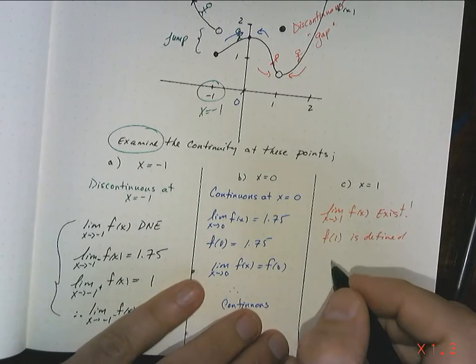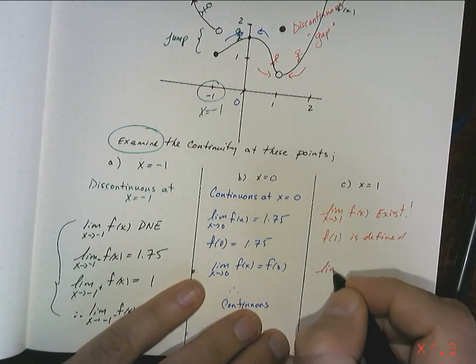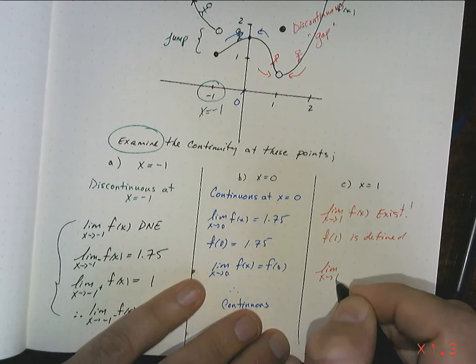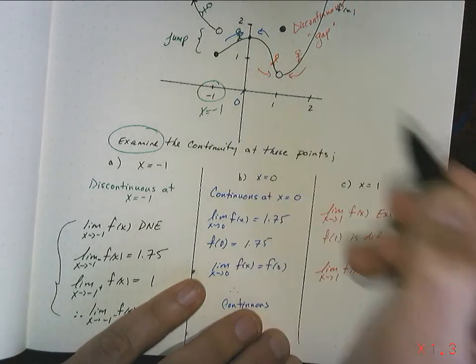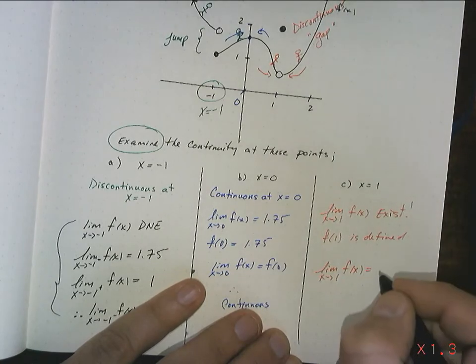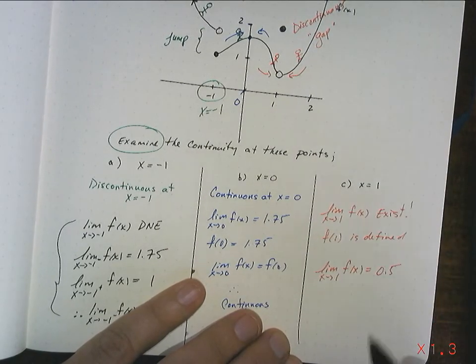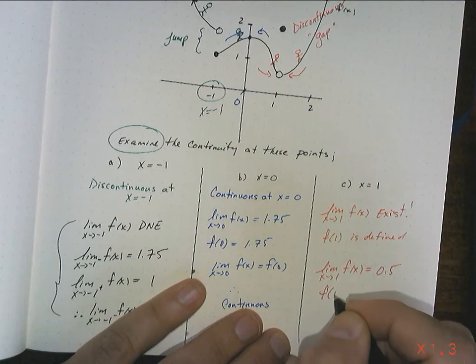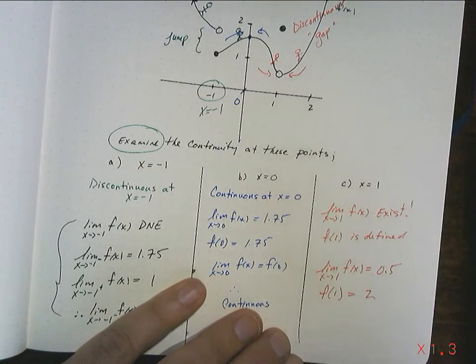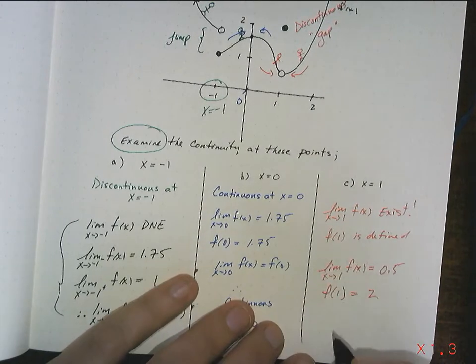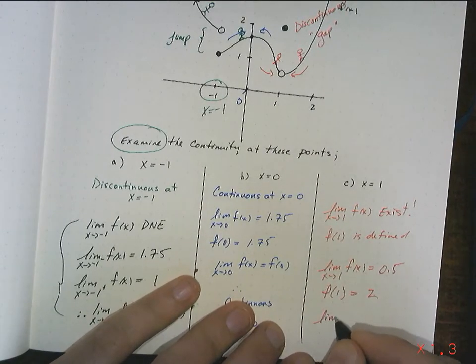But what's happening here is that the value associated with the two-sided limit is, what do you want to call that, 0.5? And the value associated with the function at that point is 2. And so the problem here is that they don't match up.